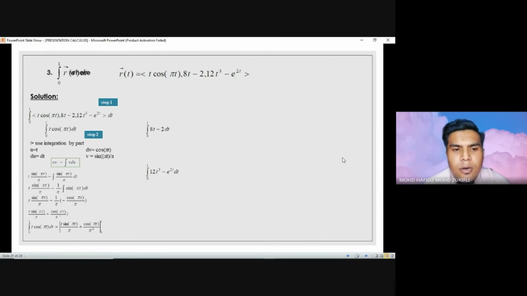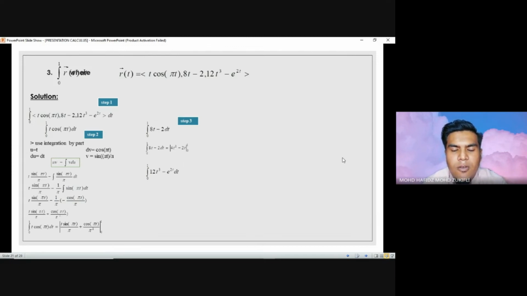And for step 3, we solve the second part, which is the integration of 8t minus 2 dt. This uses normal integration and we will get 4t squared minus 2t.